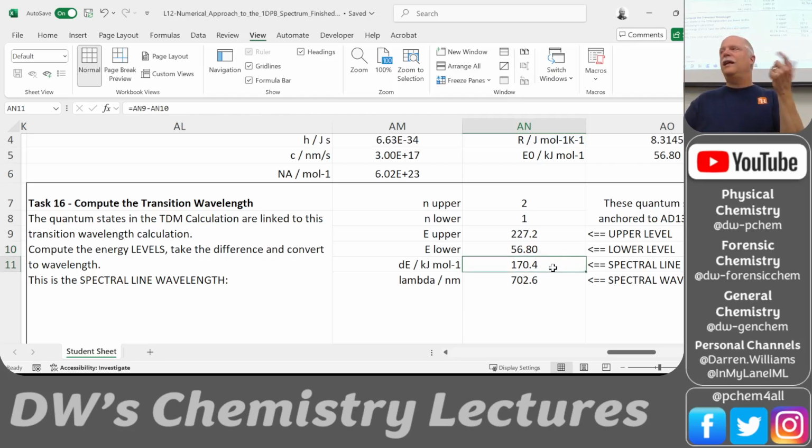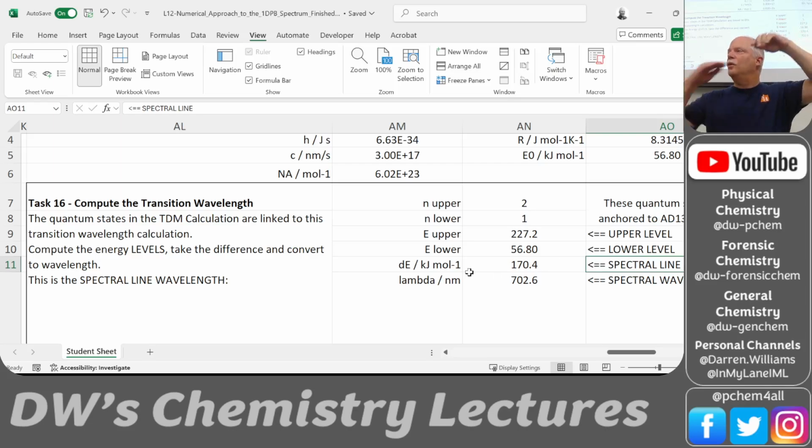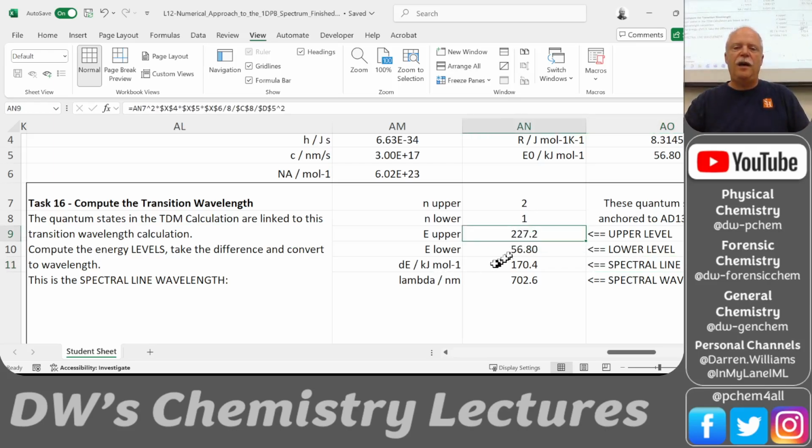Once again, I want to emphasize that the spectral line is a difference between energy levels. So we're going from 1 to 2. That energy difference is delta E, and that's what you convert to wavelength. Some people get confused, so they'll take the upper state and convert that energy level to wavelength, and that doesn't make any sense, because light is causing the electron to jump from state 1 to state 2.